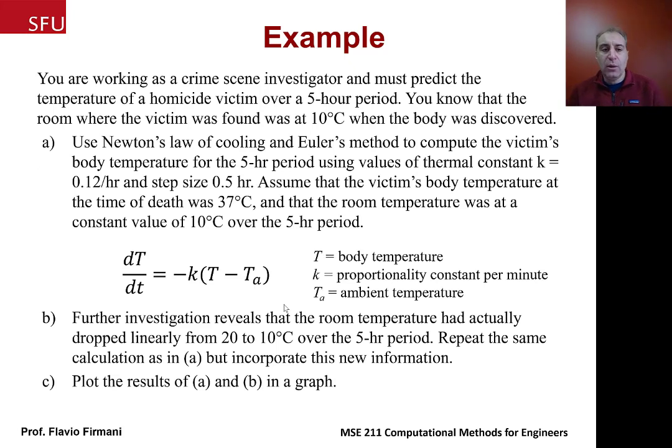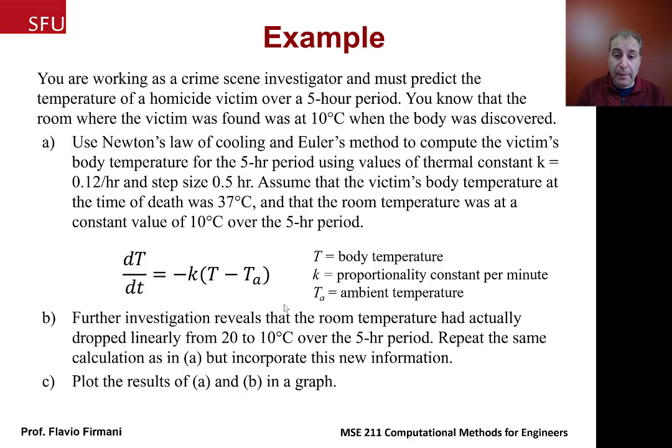So next, we're going to solve another problem. It's going to be another problem that is similar to the one that we solved before. This is a problem that we're going to solve during the live session tomorrow. Basically, the idea is to determine when a homicide happened, and this is going to be tested by determining the temperature of the body.